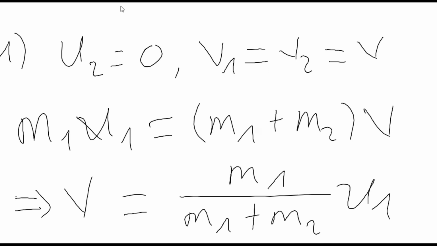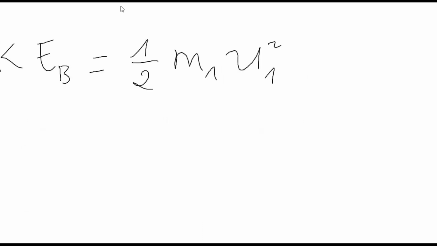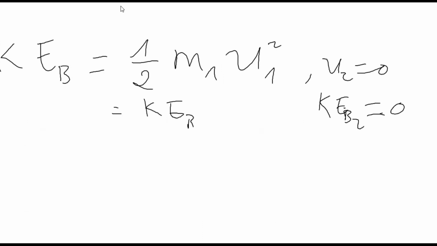And here you can determine the kinetic energy before collision to be half m1 u1 squared. Since u2 is 0, the kinetic energy before collision of sphere 2 is 0, and the total kinetic energy is just that of sphere 1.